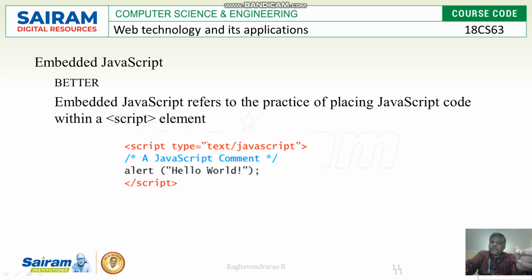This script is called embedded JavaScript. It will be written under the header part of the HTML. Sometimes you can write it even in the body part, but usually it is referred to in the header part.